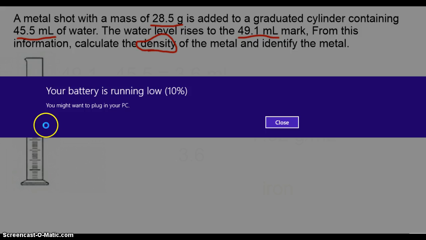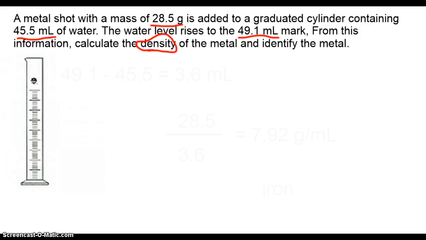So what we need to do is look at our graduated cylinder. 45.5 is where our water level rests. Right there, we put our object in, and the water level is going to rise.